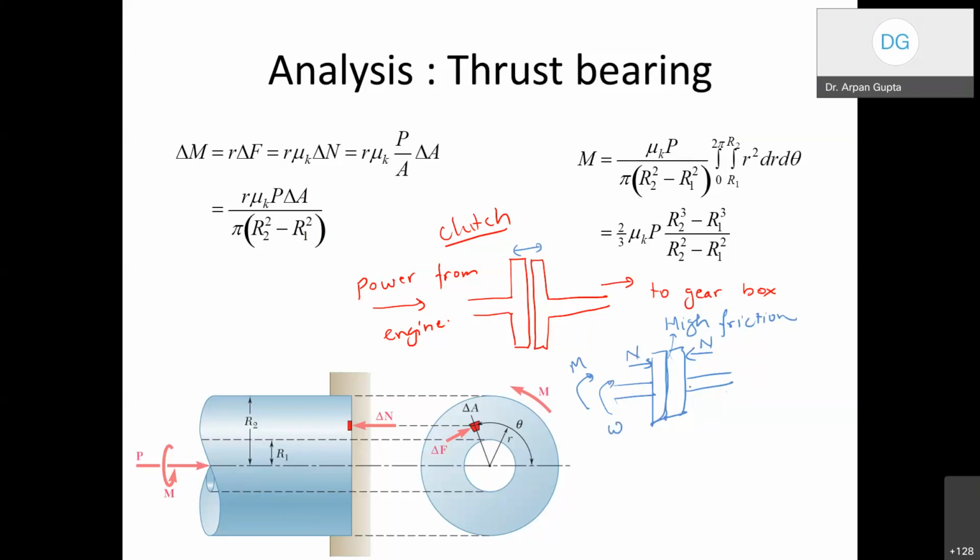Both shafts are moving at the same angular velocity because they are sticking together because of very high friction. Now, when you change gear, there is a mechanism which introduces a certain gap in between. When you press the clutch pedal, it provides a certain gap here.